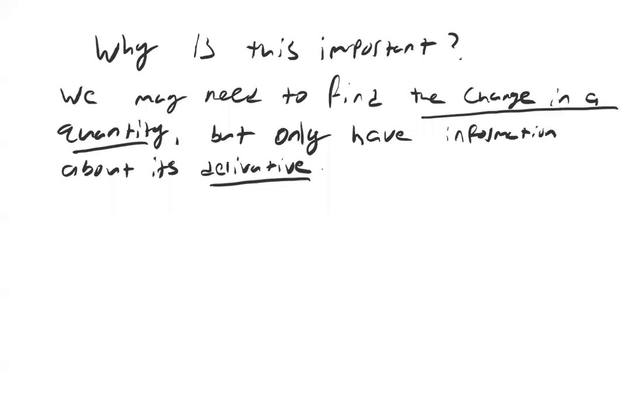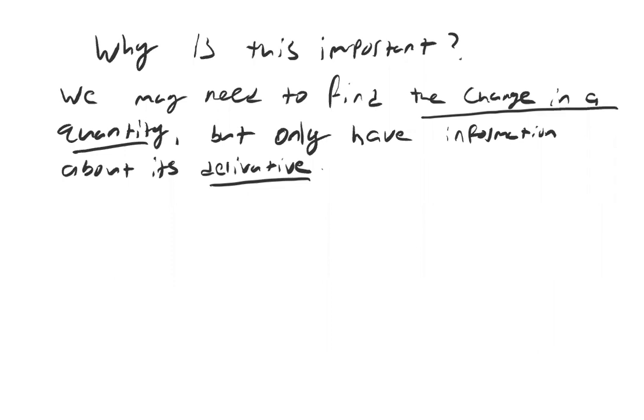This is important when trying to find the position of something. We're going to see this example later. It's a physics example. If I want to figure out the displacement of something, we'll define this, but the displacement is how far something has gone away from you. It's hard to keep track of where this thing is at every second, but it might be easier to look at its velocity.